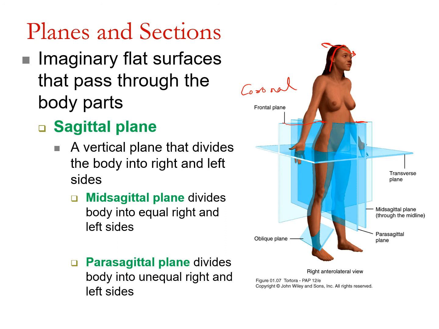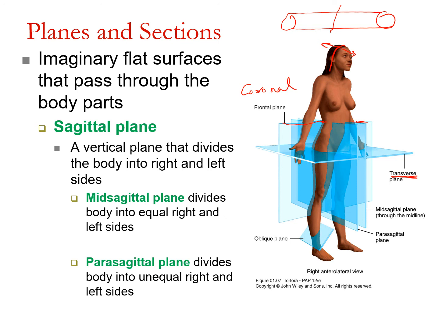The third section is a transverse section. A transverse section is like when you take a log of wood, like a lumberjack does, and you cut it into 2 halves. That would be called a transverse section.